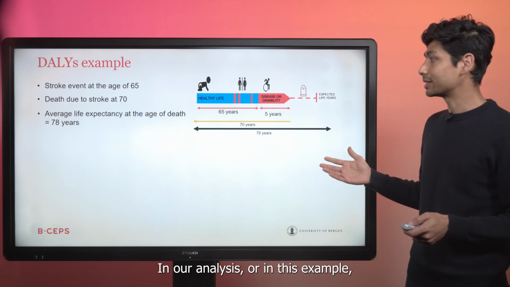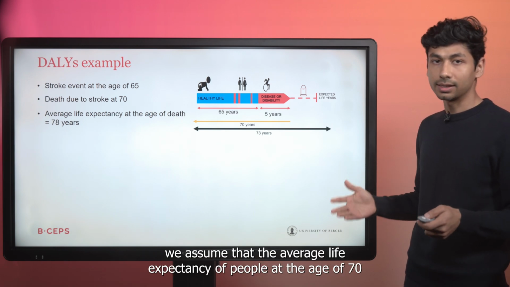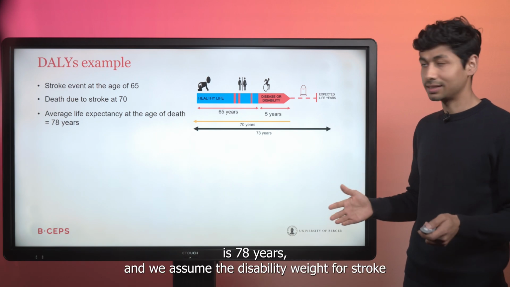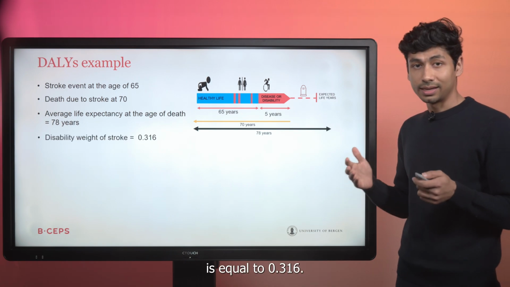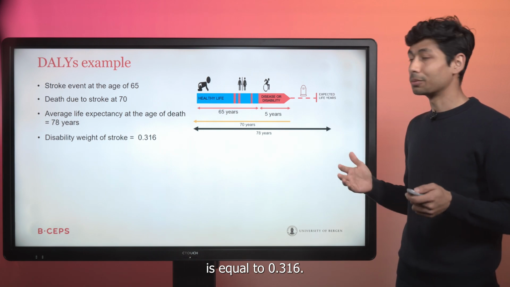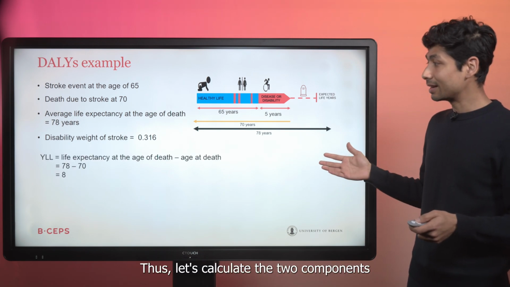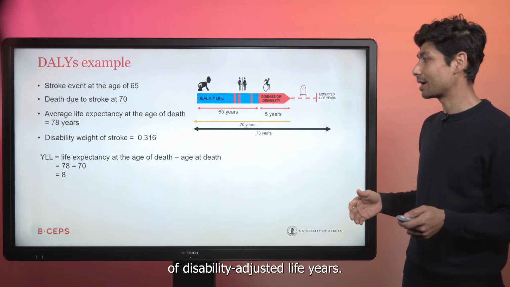In this example, we assume that the average life expectancy of people at the age of 70 is 78 years, and we assume a disability weight for stroke equal to 0.316. Thus, let's calculate the two components of disability adjusted life years.